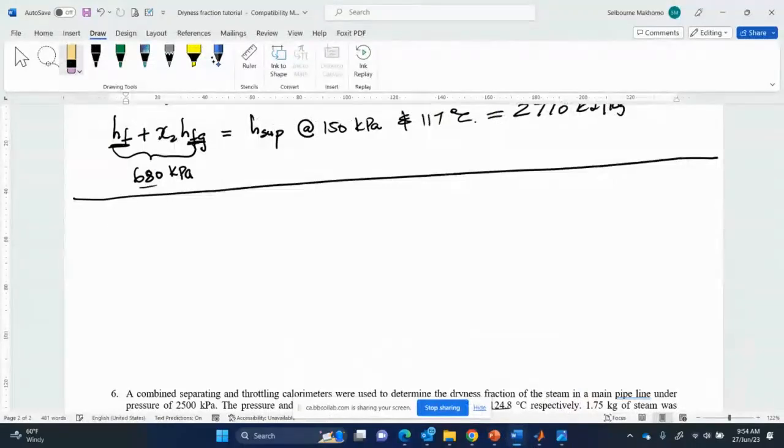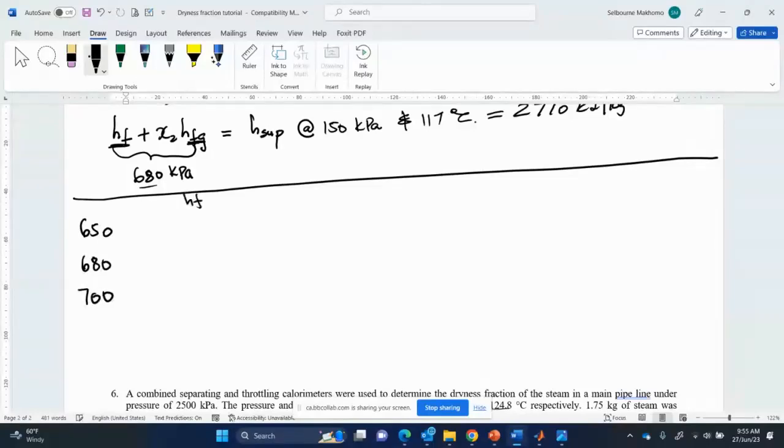To interpolate, I'm not going to teach you. We are second year students, we know how to interpolate. Each student can use his own method as long as the answers are correct. So under 650, and then 700, and then here we have got 680.